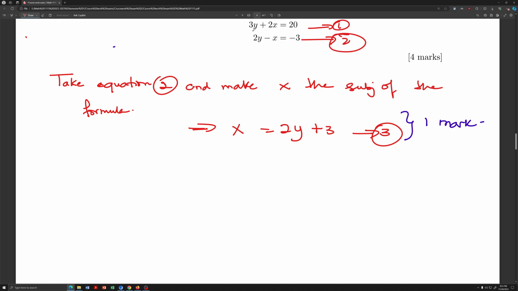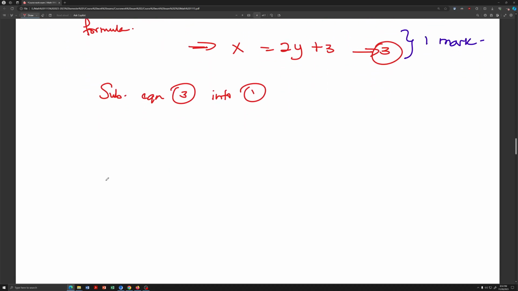Because I used equation number 2 to form this new equation, I have to substitute it into 1, right? So let's write that. Substitute equation 3 into 1.